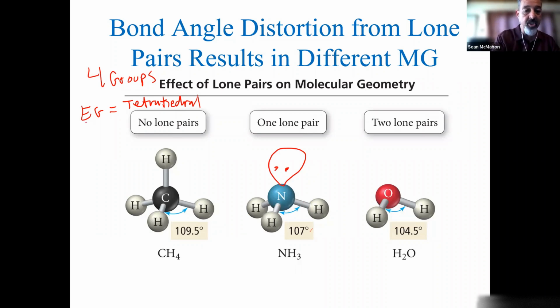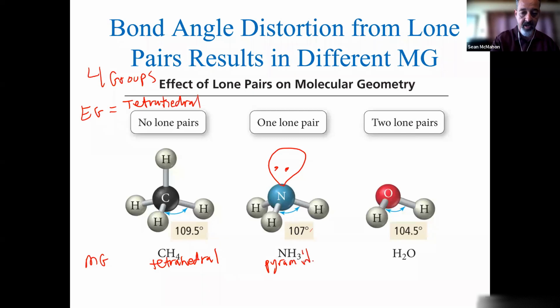For molecular geometry, methane is still tetrahedral. The molecular geometry for NH3 doesn't look tetrahedral because I'm not taking into account the lone pair. So that doesn't look the same. This molecular geometry is pyramidal.